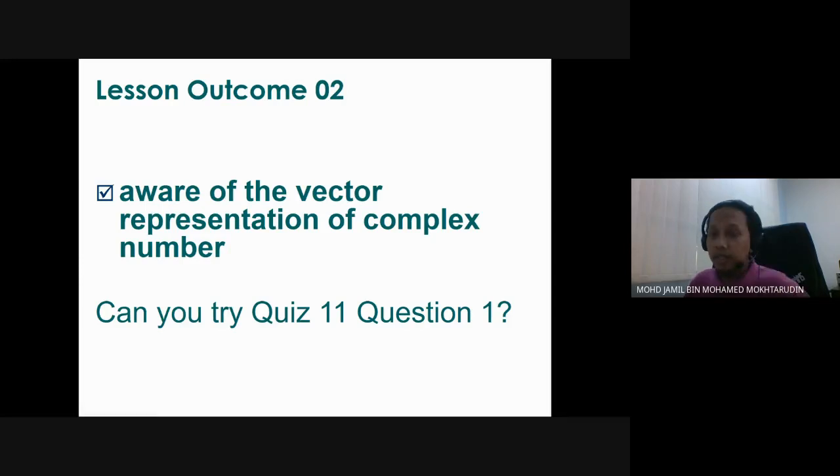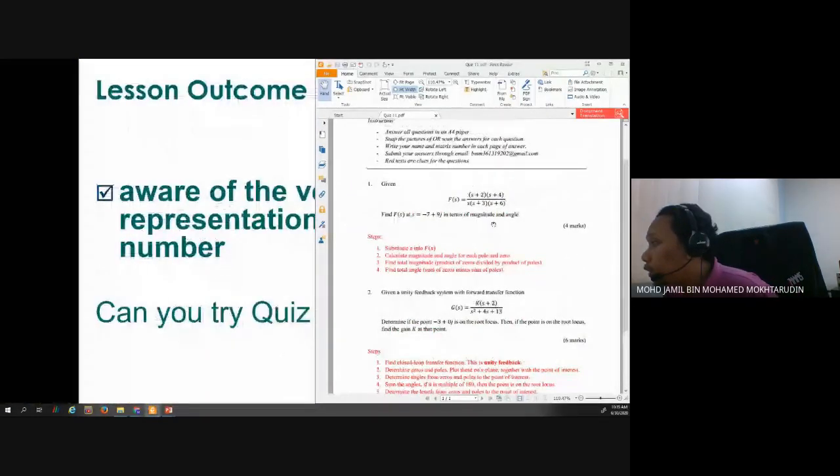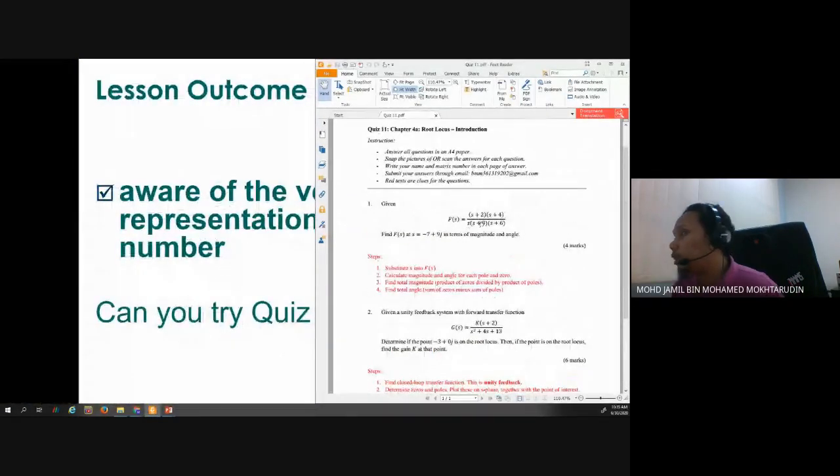I give you about 10 minutes or somewhere about that. So the clue is already given. First you substitute this S into the transfer function, and then find the magnitude and angle for each of the poles and zeros, and then find the total magnitude and the total angle. Okay, can you try first?